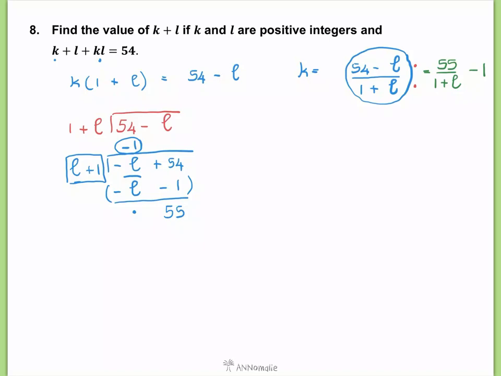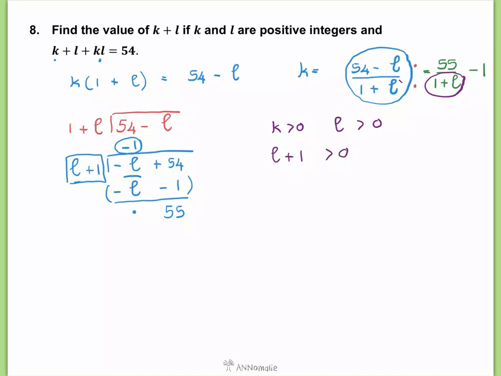That means, once again, that 55 over 1 plus l must also be an integer, and that only happens when 1 plus l is a factor of 55. We know that k is greater than 0 and l is greater than 0, so l plus 1 must be greater than 0.